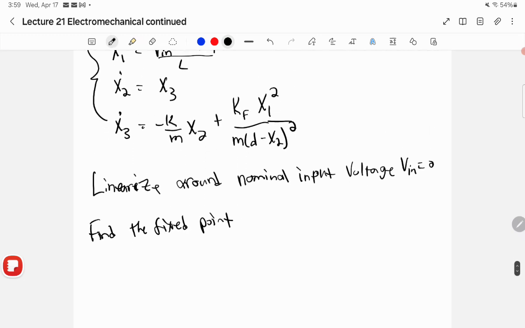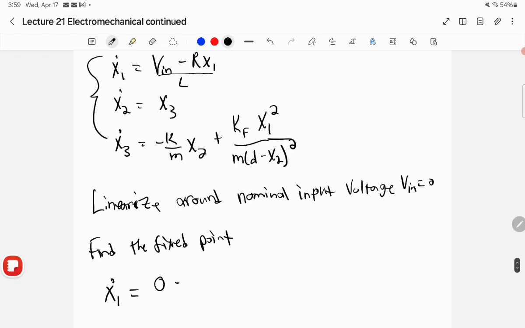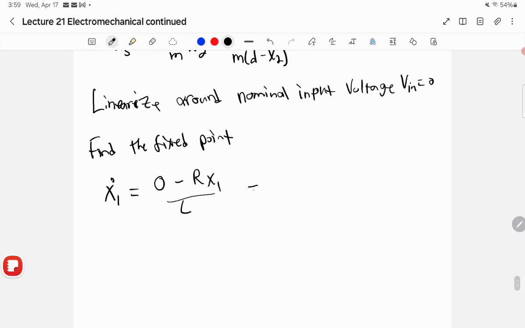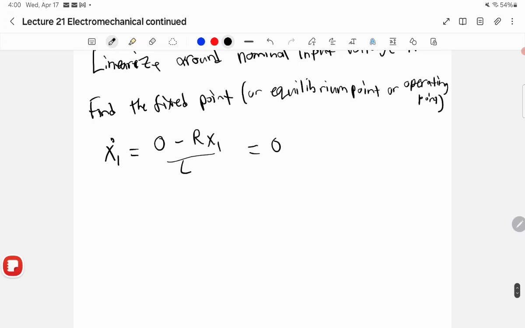We can say x1 dot is equal to, well, this is going to be 0 for Vn, minus R times x1 over L. And we want to find when this is equal to 0, because at the fixed point, or equilibrium point, or operating point, whatever you want to call it, I need all of these x dots to be equal to 0, basically. So here, that's where there's no motion.